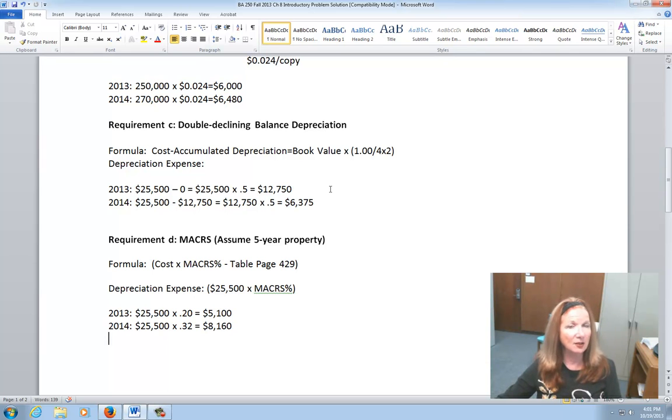It gives us the greatest expense in the first year of acquisition. We get $18,000 in the first 2 years with double declining, and we get $13,000 with Marx. Marx is forcing us into that half in the year of acquisition. And it only gives us a 5-year table, so it'll only let us depreciate 20% instead of 25%, which is what the double declining balance is showing us.